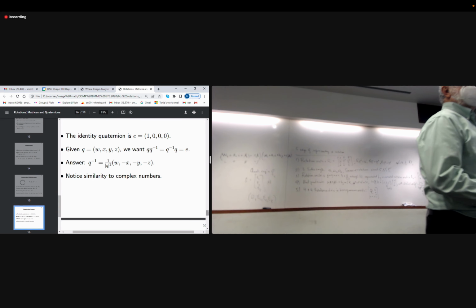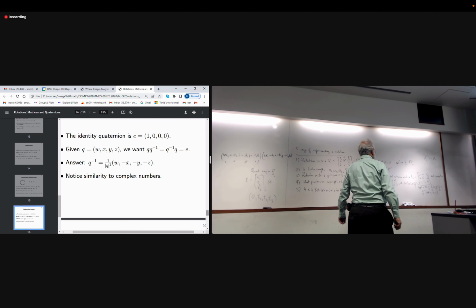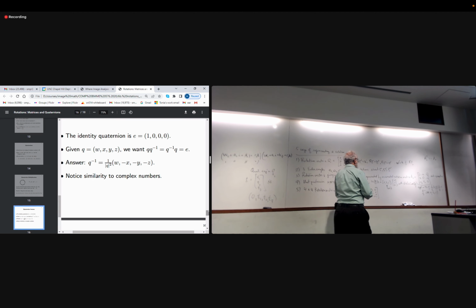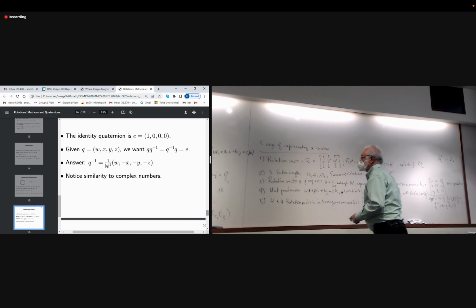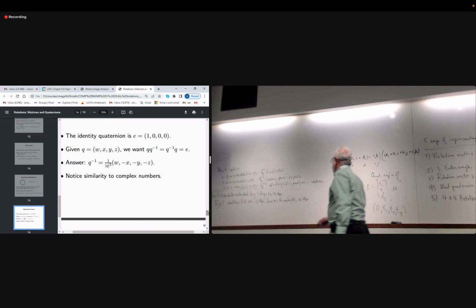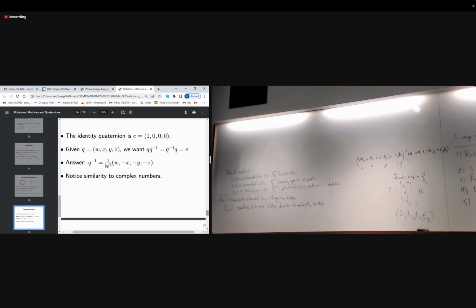Their rotations. A non-unit quaternion is one where you don't have this constraint of w squared plus x squared plus y squared plus z squared being 1.